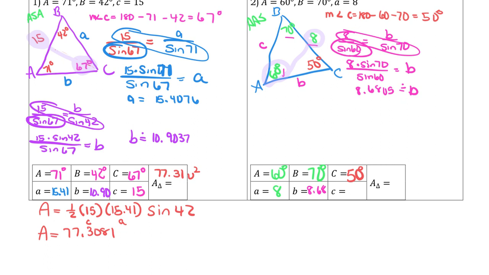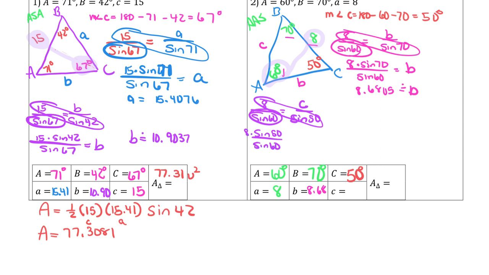Again, I'm going to use the same ratio of 8 over sine 60. And this time I'm finding side C. So I use angle C, which is 50. Multiply these together. 8 times sine 50, divide by sine 60.